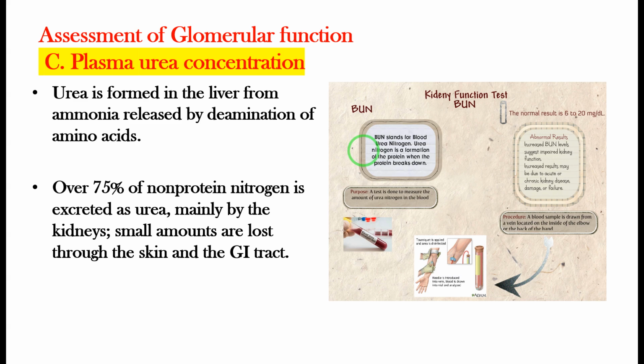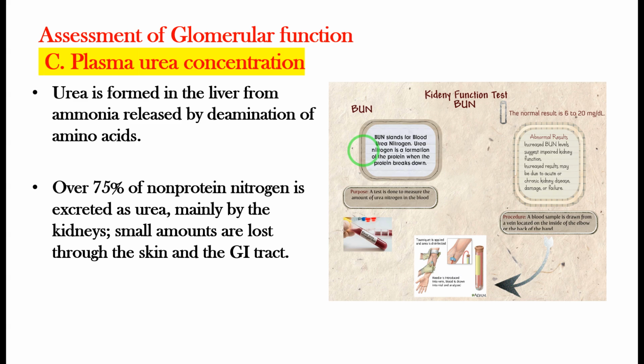When there is deamination of amino acids, they will be converted to ammonia, and ammonia in the liver in the urea cycle will be converted to urea, and the urea will be excreted by the kidney, and a small amount will be lost in the skin and the GIT, and this will add inaccuracy to its measurement. So it is not eliminated by the renal route only.